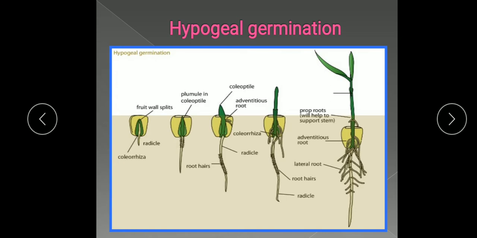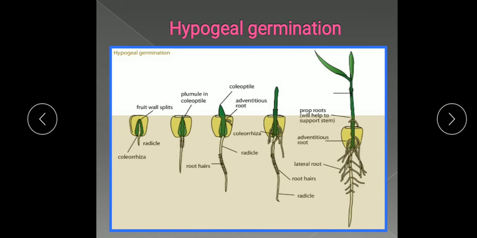In this germination what we have seen is that the epicotyl elongates but the hypocotyl does not elongate and the germination is hypogeal. So first, growth starts in the epicotyl region, and that is why the plumule in the epicotyl region will form the leaves. So the shoot part comes out and the cotyledon remains under the soil, does not come out, and after that the region of the hypocotyl develops where the radicle is present and the radicle grows into the root.